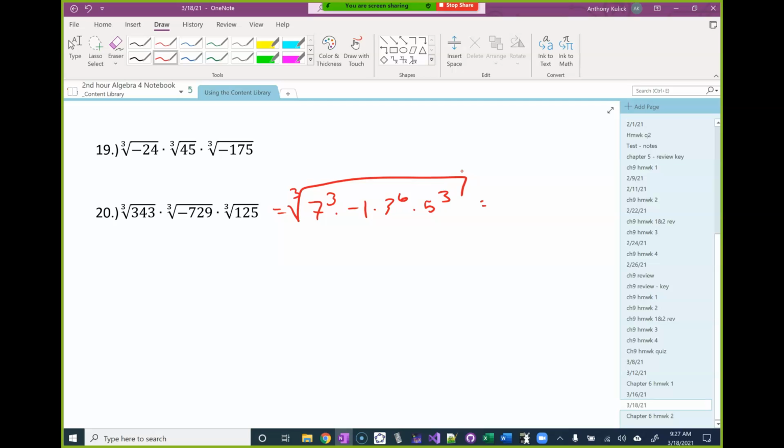Okay, so let's take a look. -1 can come out, right? It's just -1, so I'll take the negative sign out. I have 7 to the 3rd, so that's a 7 cubed. That can come out. I have 5 to the 3rd, so the 5 can come out. And if I think about 3 to the 6th, that's two 3 to the 3rds.